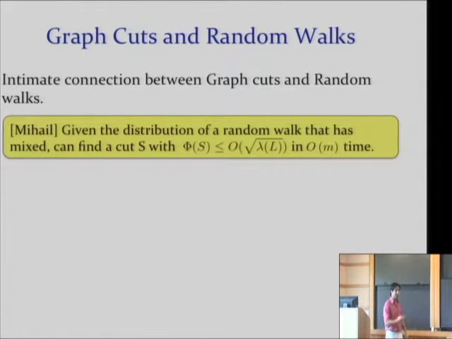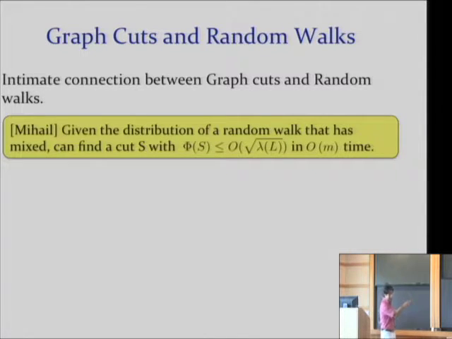Take a random walk, let it run for polylog over polynomial gamma time, and then you can find this cut. It's just stating that the power method gets you something close to the second eigenvector.